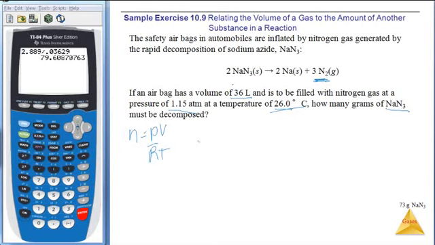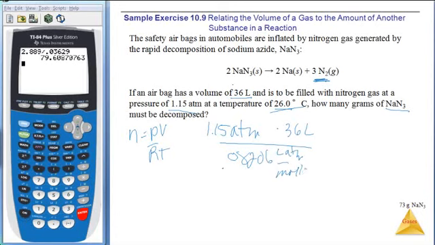So let's figure out n equals PV over RT to get the moles of nitrogen gas. My pressure is 1.15 atmospheres. My volume is 36 liters. I'm going to put that over 0.08206 liters atmospheres over moles K times 26 C, which is 299 K. My units will all cancel.